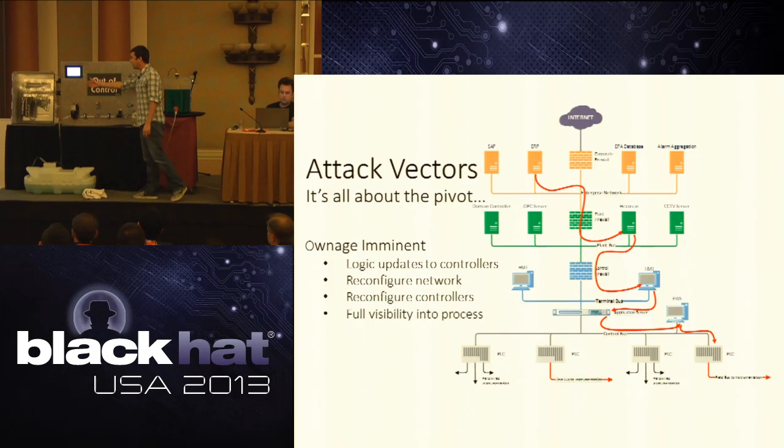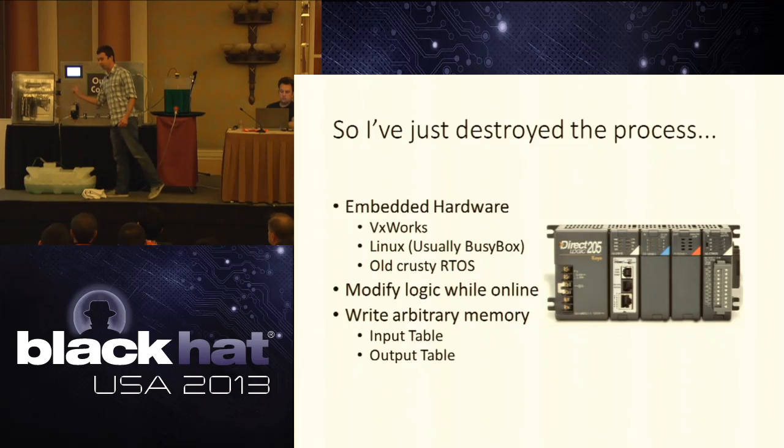So we're on the PLC, and then the PLC is actually what controls the process. Once you're there, and this is what we'll be demonstrating, you have complete control of your process, because this drives the outputs in your actual process. A lot of you probably know what a PLC is, but we'll just go over it quickly. It's usually just an embedded piece of hardware. It runs VxWorks or some BusyBox distro or some old crusty RTOS, QNX or something like that.